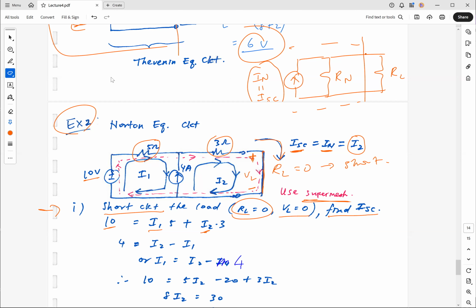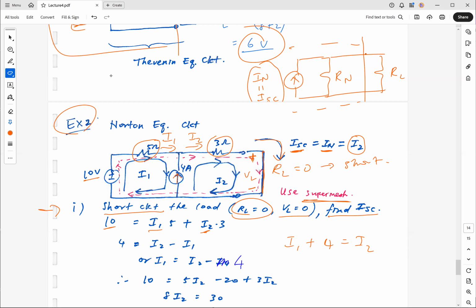At the same time, because I'm applying supermesh, I need another equation so that I can solve for two unknowns: two equations and two unknowns. In other words, I know this is I1 and this is I2, and I know this 4 mA is going upward, so I can write it this way: I1 plus 4 is equal to I2.